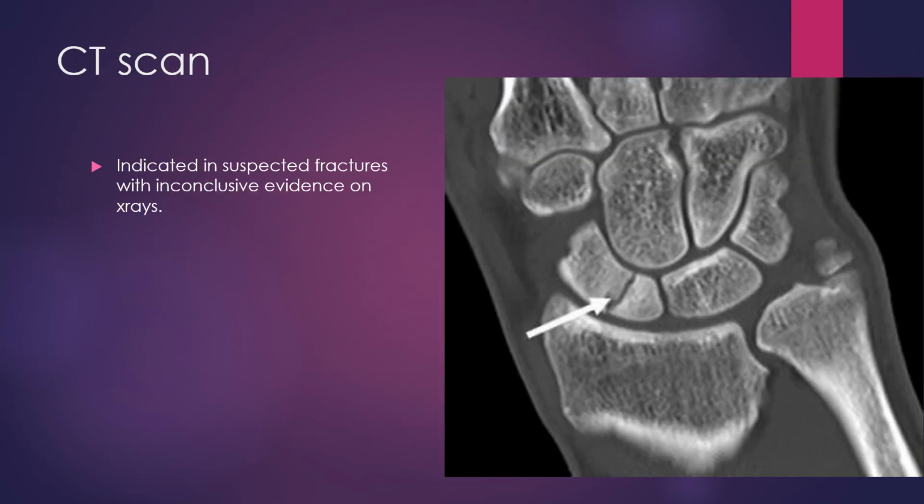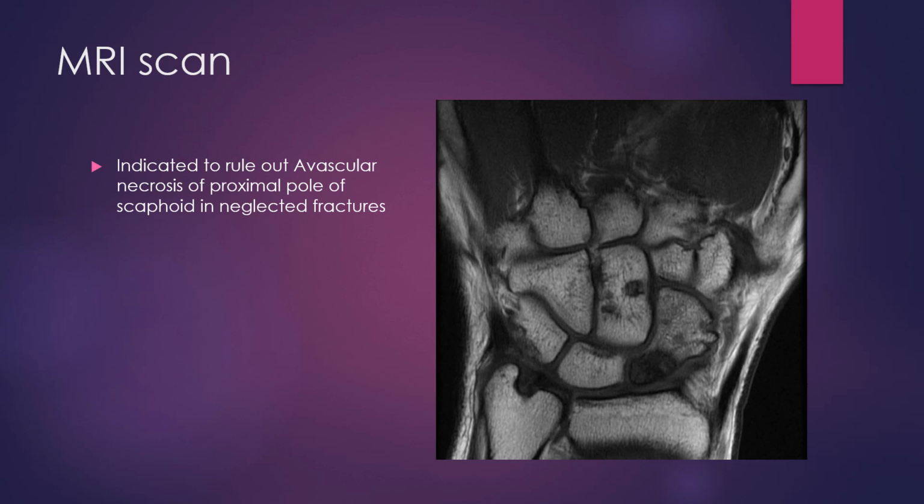CT scan is indicated when there is a suspected fracture with inconclusive evidence on X-rays. We can do MRI scan. It is indicated to rule out avascular necrosis of proximal pole of the scaphoid in neglected fractures. See, in this MRI, this is your scaphoid bone, and we can see that this part has gone hypodense.